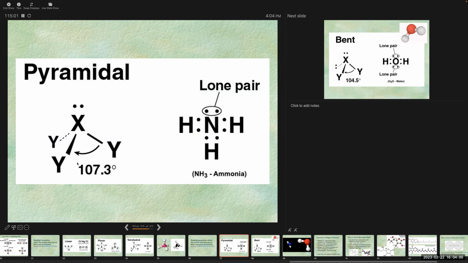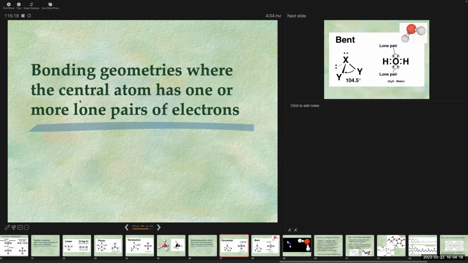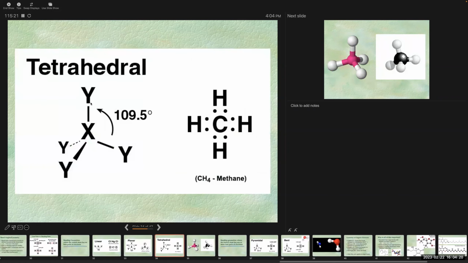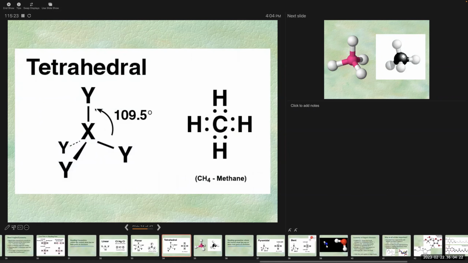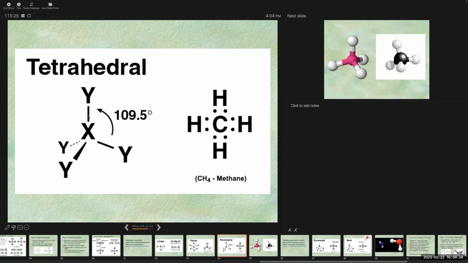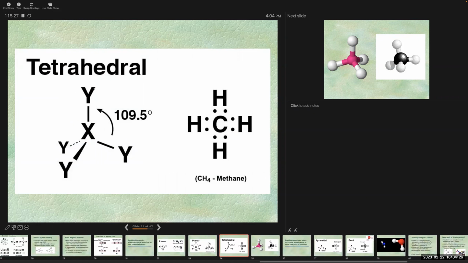So if you look at the little picture over here on the left, we see that there are three identical atoms bonded to the central atom, but that lone pair is behaving almost as if it was a fourth thing attached up here at the top. It looks almost like our tetrahedron, but we've replaced the atom at the very top with a lone pair of electrons.